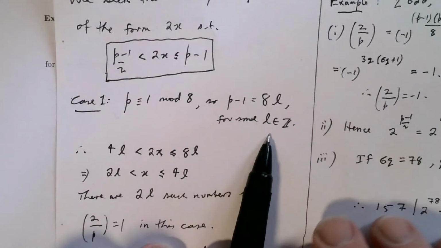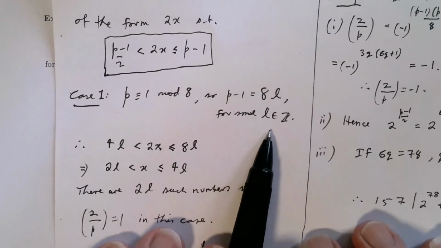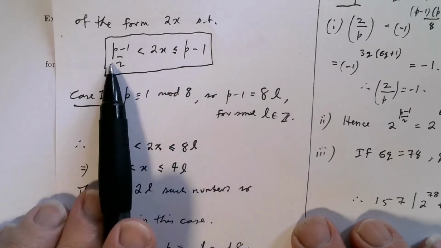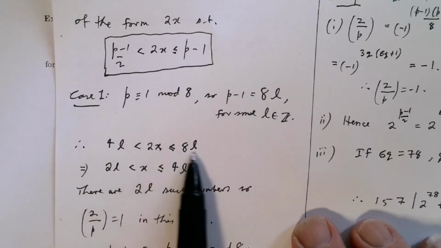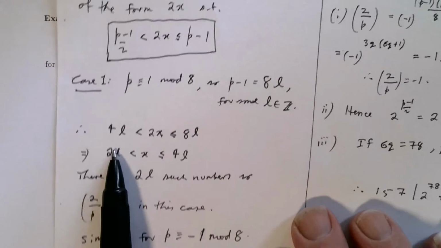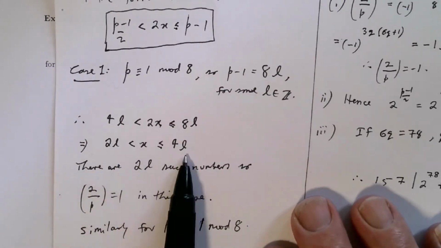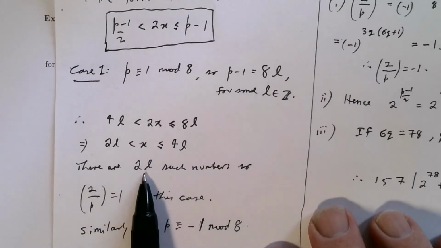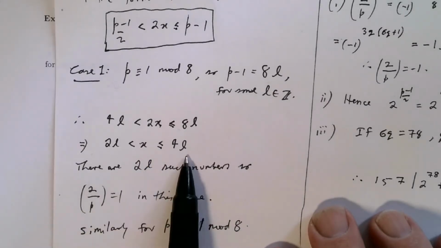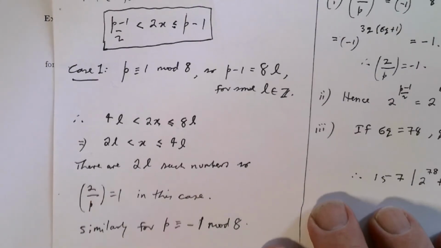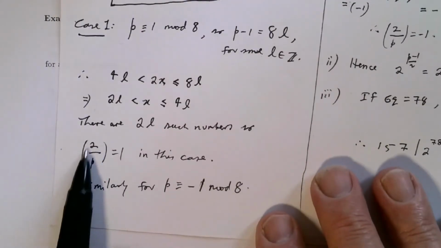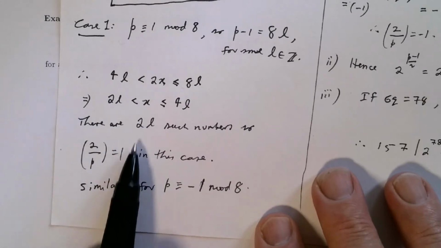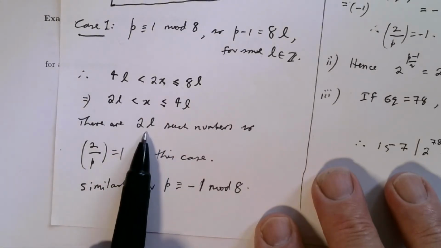It's 8L for some integer L. If I plug that back into this important inequality, I get this, and I can happily divide everything by 2. Now it's easy to see that there are 2L numbers between 2L and 4L, excluding 2L. And so in this case, 2 over p is minus 1 to the 2L, and that's even, so you just get 1.